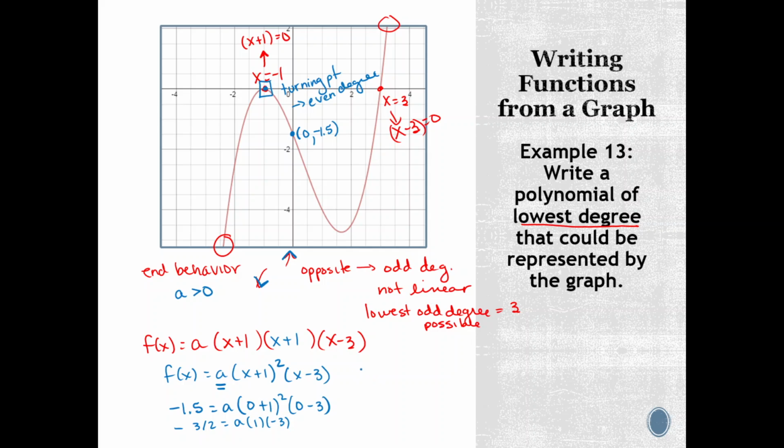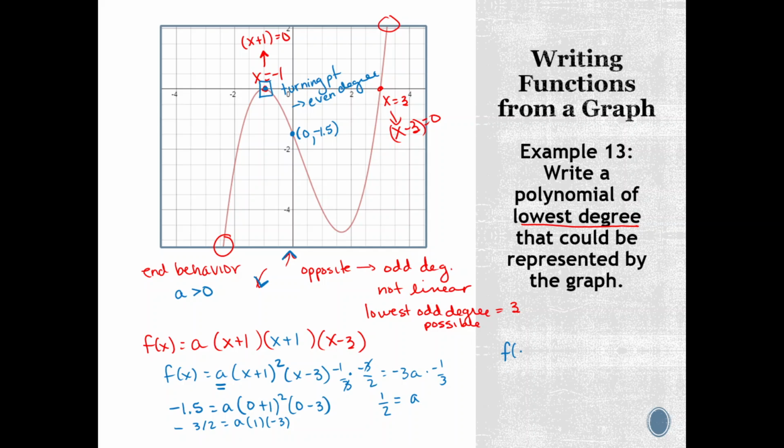So that tells me that negative 3/2 equals negative 3a. So solving for a, I can get a equals a positive 1/2.